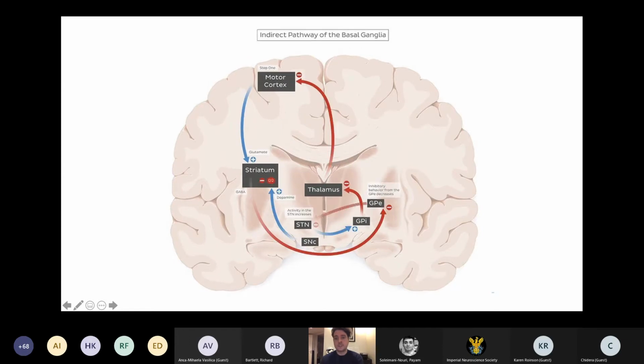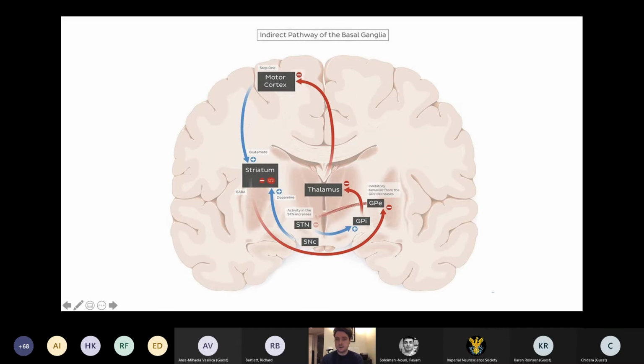And not just that, it's encouraged to fire because of the glutamate effect on the GPI. So what we end up getting is this excitation onto the GPI that blocks the thalamus and stops movement. So it's not a disinhibition, it's a truly inhibitory effect on the thalamus, which is what it would naturally do with the globus pallidus internus.